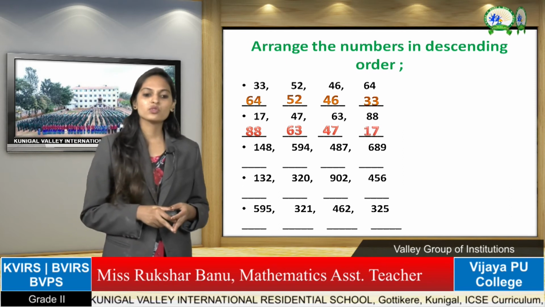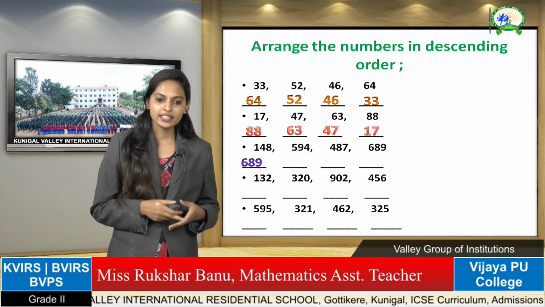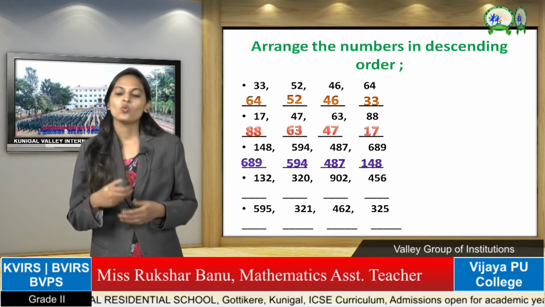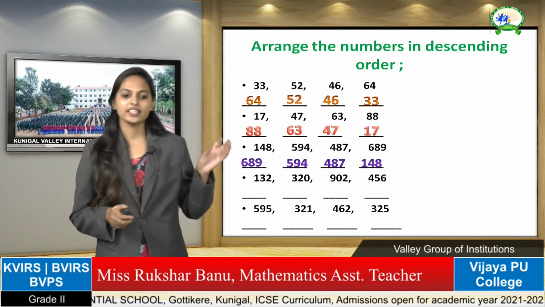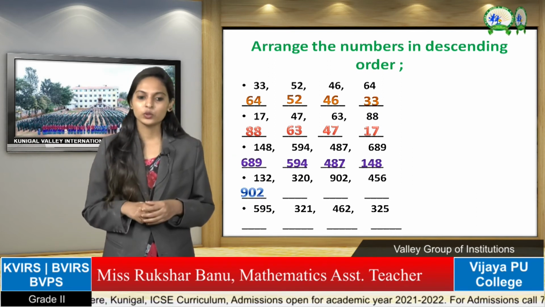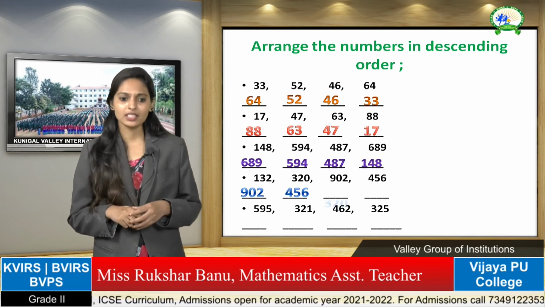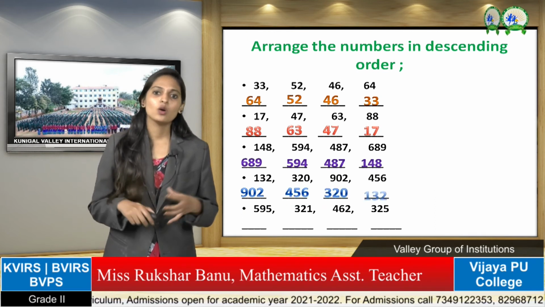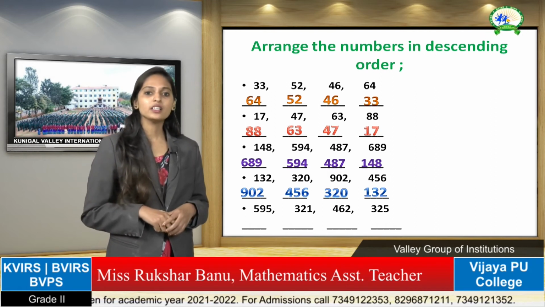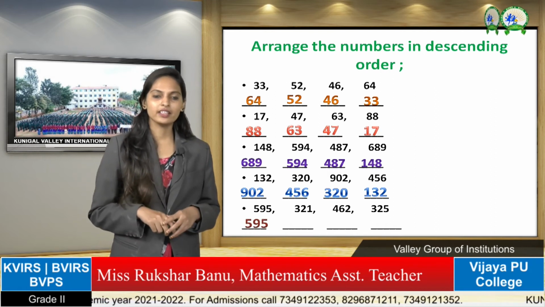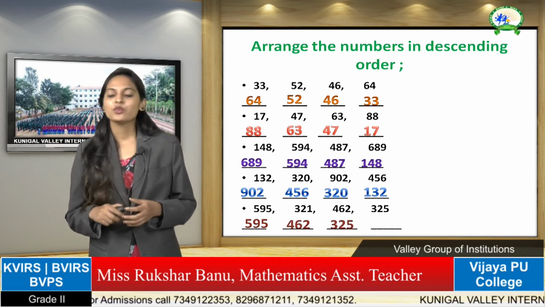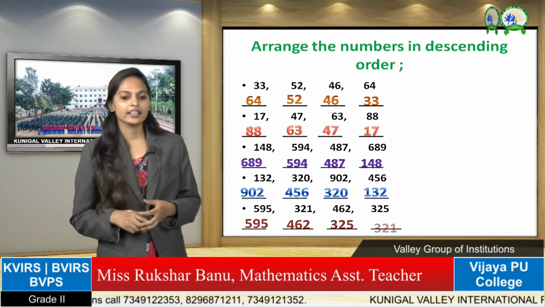Next, 689, 594, 487 and 148. In the next problem, which one is the big number? Yes, 902, 456, 320 and 132. In the next problem, 595, 462, 325 and the last one is 321.